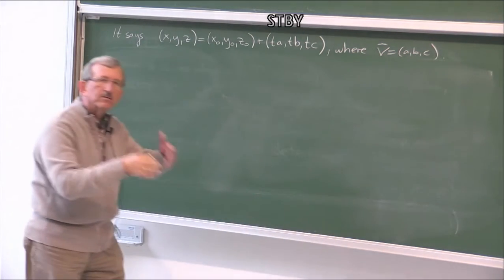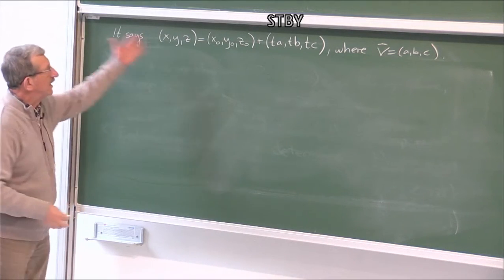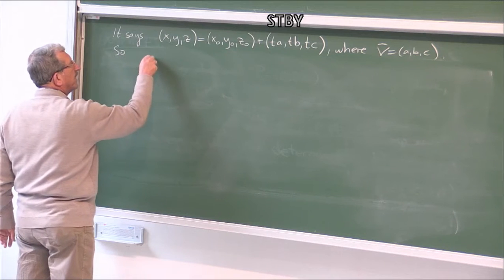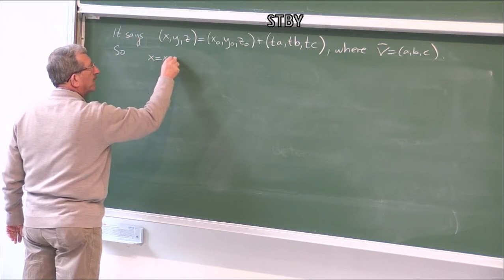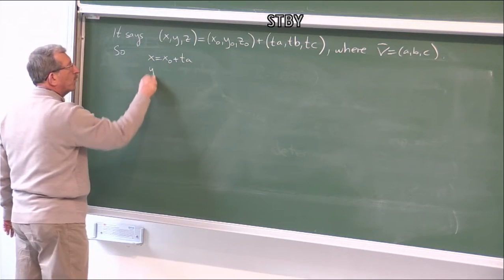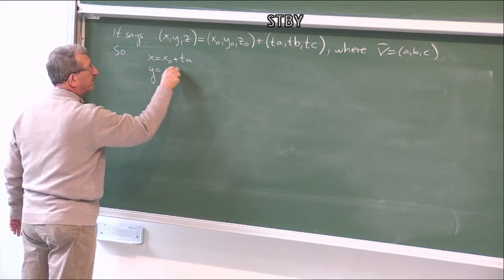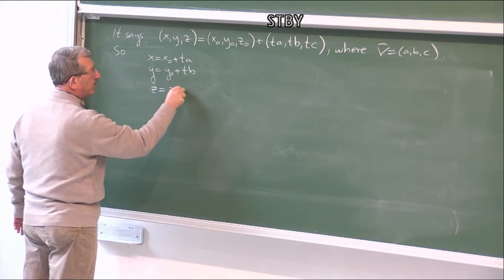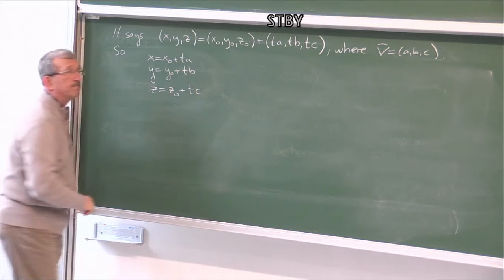So given components, actually it says that x is x0 plus tA, y is y0 plus tB, z is z0 plus tC.